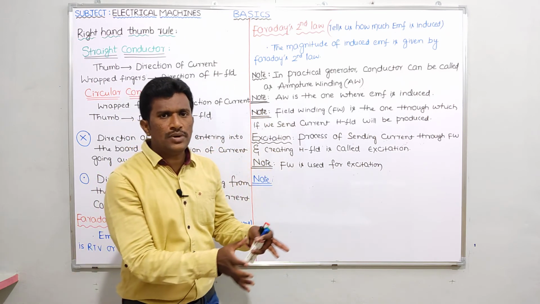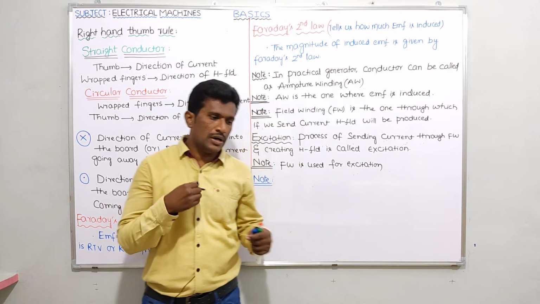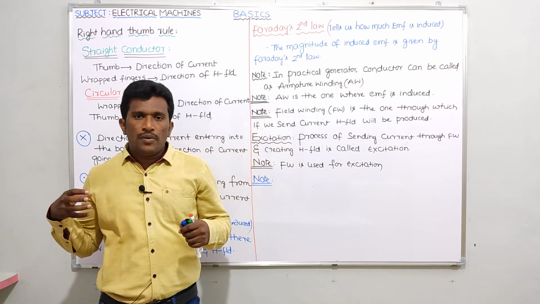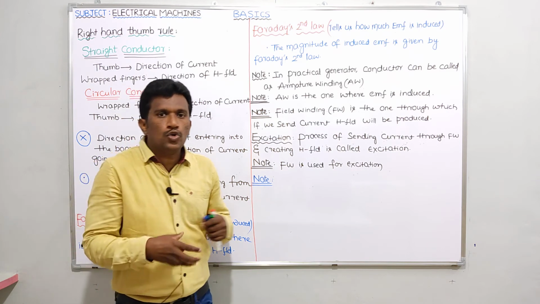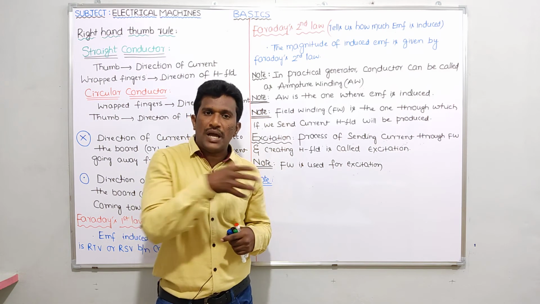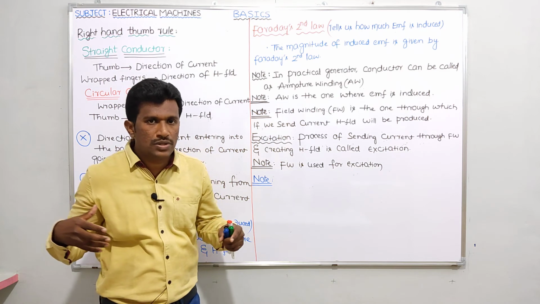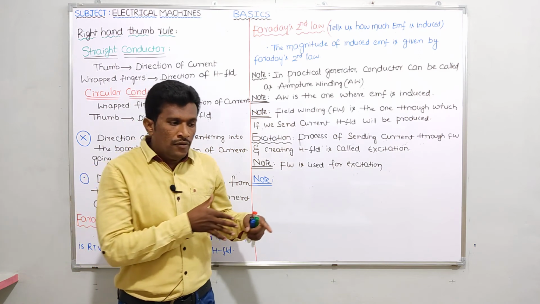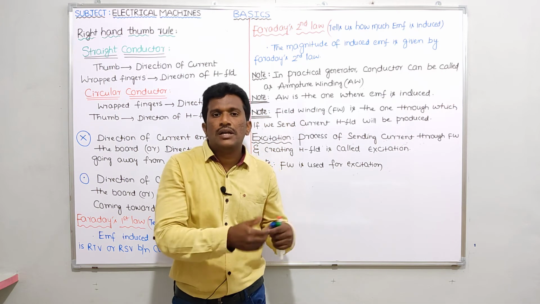If you take the example of alternator, we are giving two inputs. How? See, for a generator, we are providing mechanical energy. That means we are making the conductor move. Yes or no? Whenever this conductor moves and cuts magnetic field, then EMF will be induced. Okay, that means we are giving mechanical energy to the generator. For field winding also, you are giving DC supply because for producing magnetic field.